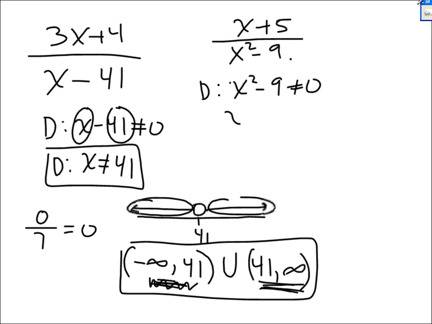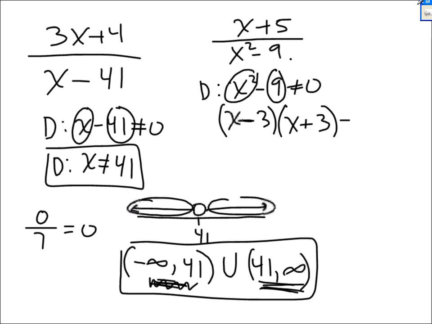If you factor this, x squared minus 9, and 9 can be realized as 3 squared, the x and 3 each go in brackets, one with a minus sign, one with a plus. You don't want this to be 0. Well, if you don't want this times that to be 0, then you don't want this to be 0 or that to be 0.